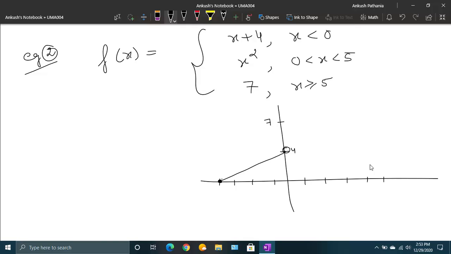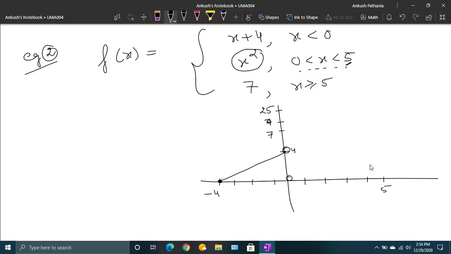Then you have x squared from 0 less than x less than 5. So this is 5, this is minus 4. So y equals x squared, so at x equals 0 it is 0, and then it goes up as x squared till 5. Let me take 7 here and 25 here, because it is x squared, so at 5 it will be 25.